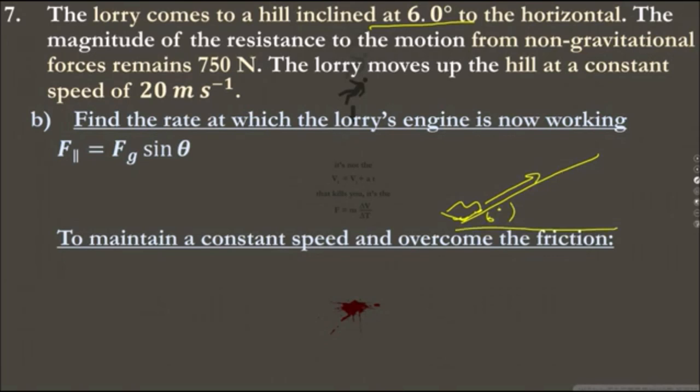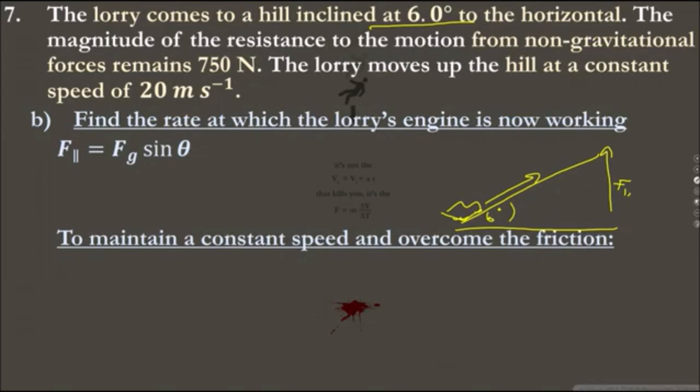We need to know the parallel force, the direction of the actual displacement, so it's going this way. We need to know what this force going up in that particular direction is doing.